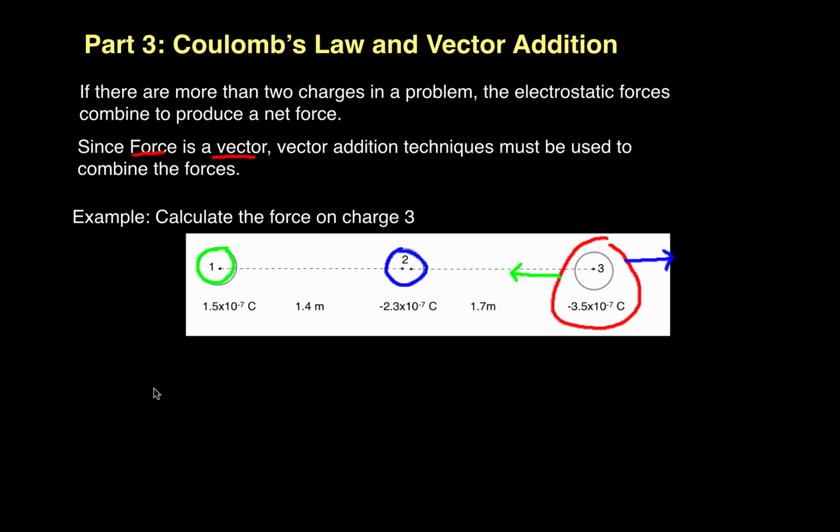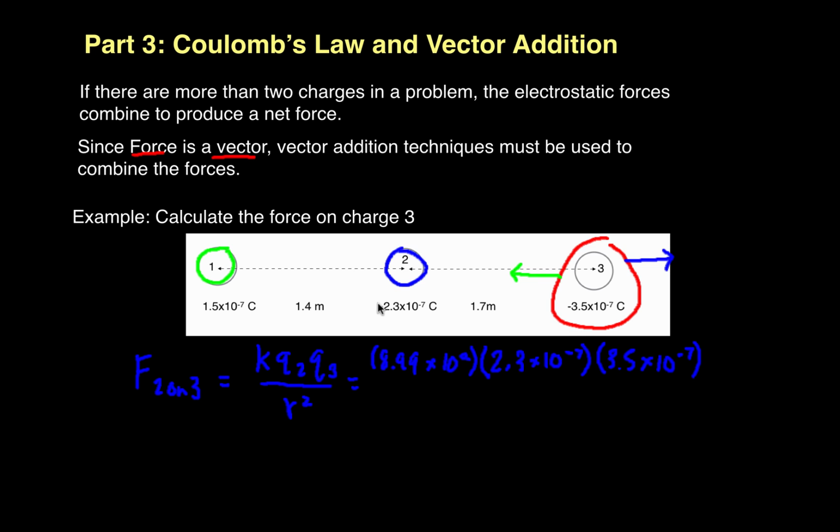We'll start by calculating the force of charge 2 on charge 3. This is given by k q2 q3 divided by the distance between them squared, which is 8.99 times 10 to the 9, which is Coulomb's constant, times charge 2, the magnitude only because we work out the direction ourselves later, which is 2.3 times 10 to the minus 7, times charge 3, which is 3.5 times 10 to the minus 7.